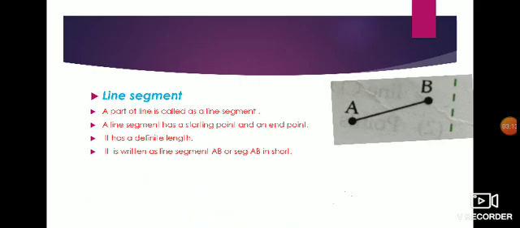In the previous figure we saw line AB, so one part of it is said to be a line segment. A line segment has a starting point and an end point. Just now I told you it has a definite length. We can measure the length with the help of a ruler, and it is written as segment AB or seg AB in short, and we can read it in two ways, segment AB or segment BA.